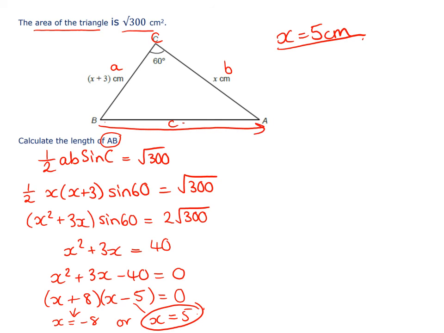But the question wants us to find out the length of AB, it wants us to find this side here. So now that I know x is 5, I know that B is 5 and that A is 8, and I already knew the angle to begin with, so I can now use the cosine rule. So I want this version.